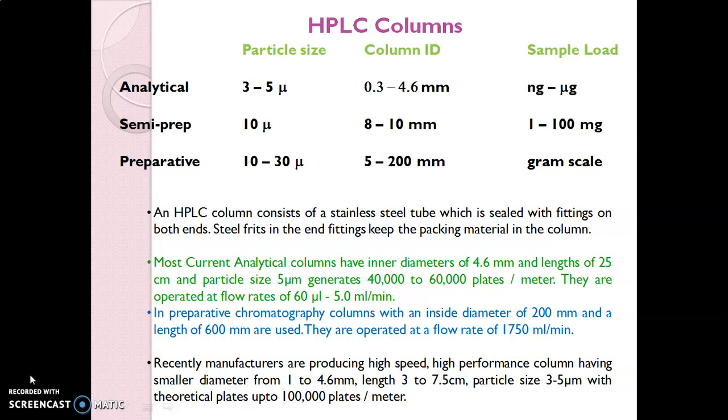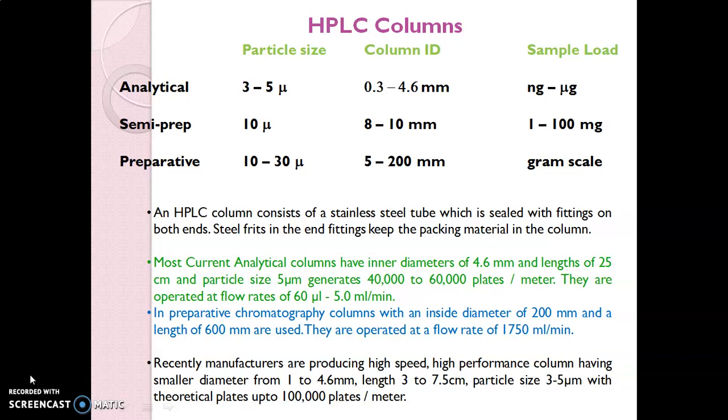Here in the slide we are seeing the particle size difference, column diameter, and sample loading. In the analytical column, mostly 3 to 5 micron particle size with internal diameter from 0.3 to 4.6 millimeter, and we can load the sample in the nanogram to microgram range. Means very small sample is required here for the separation of analyte.